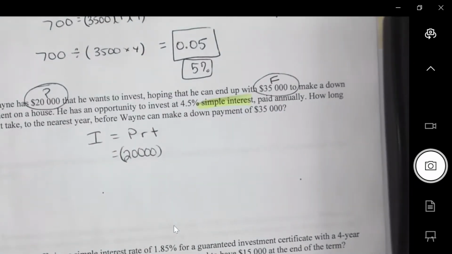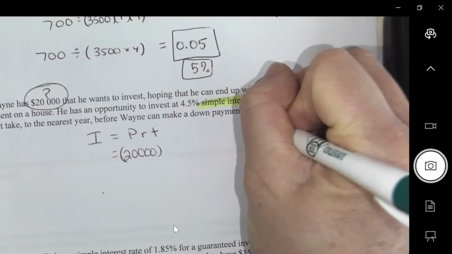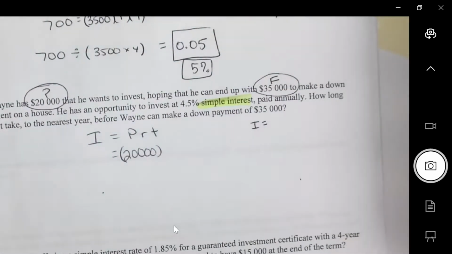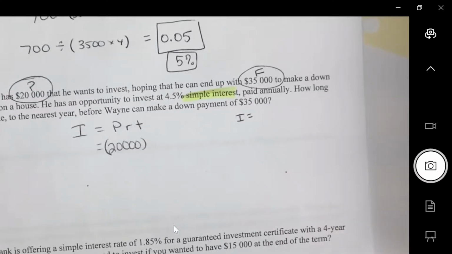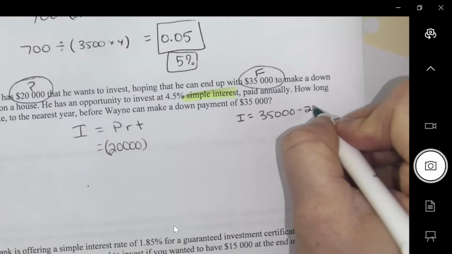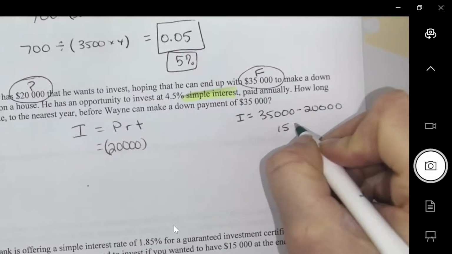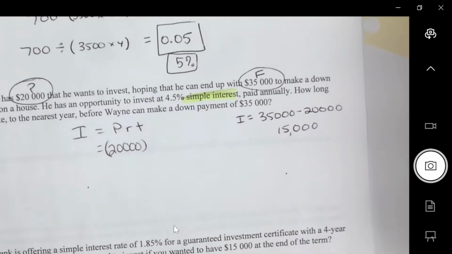So that doesn't work for us. We're going to have to figure out how much interest we need then. So 35,000 minus the 20,000. So I need $15,000 of interest.